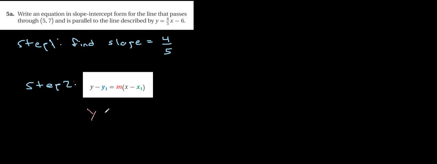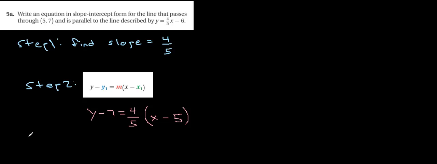What I can start writing out is y minus y sub 1, which is the y value of the point, 7. So y - 7 equals m, my slope, 4/5, multiplied by x minus x sub 1, and x sub 1 is the other value in my ordered pair, which is 5. So I've got my equation in point-slope form.